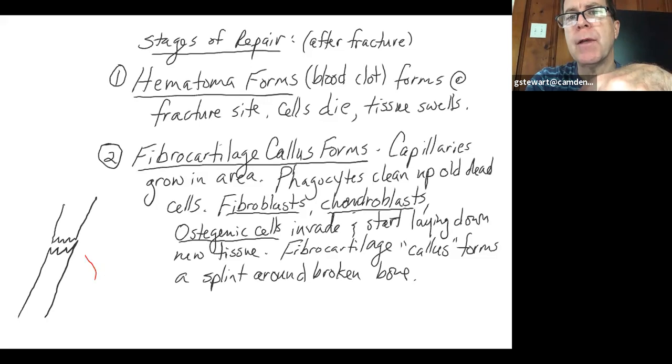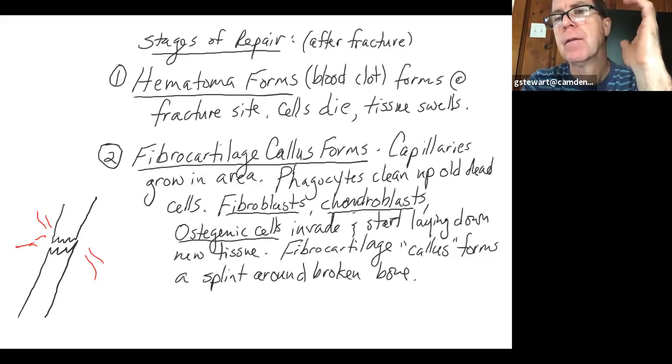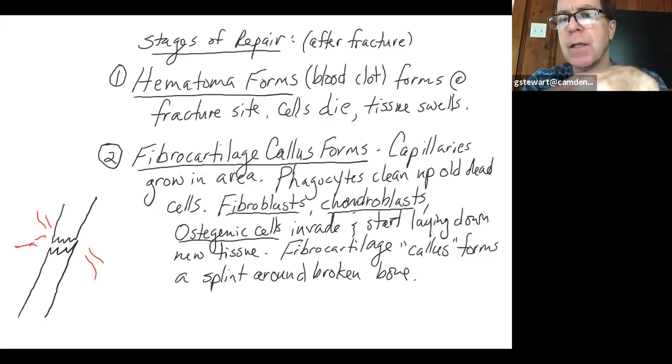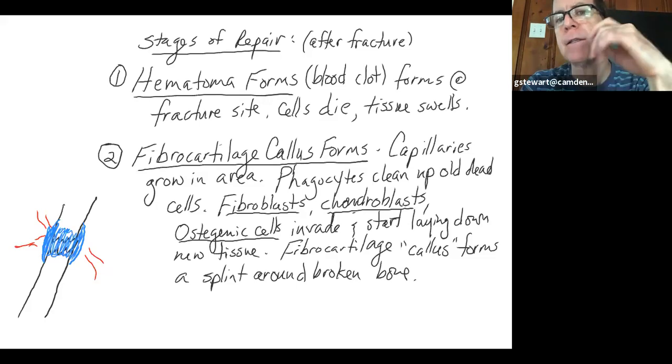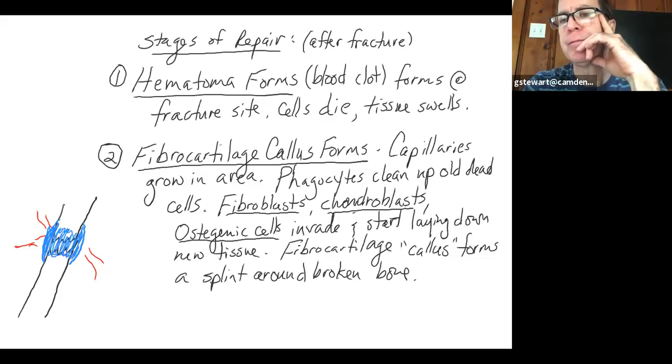So I'm just going to draw some blood vessels coming in, new blood vessels around this area. They bring nutrition, oxygen, and calcium, things that are needed to heal the tissue and form new tissue. And a fibrocartilage callus forms around this broken area like this. Literally like a miniature cast that's going to stabilize and hold this broken area. So what I have in blue is really a fibrocartilage callus that helps mend that area.